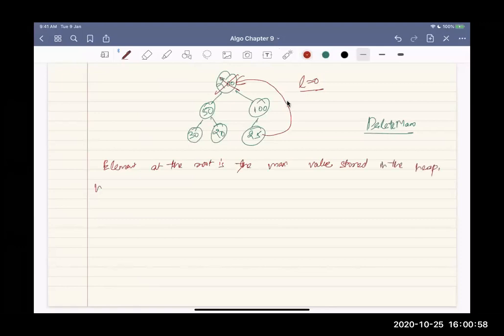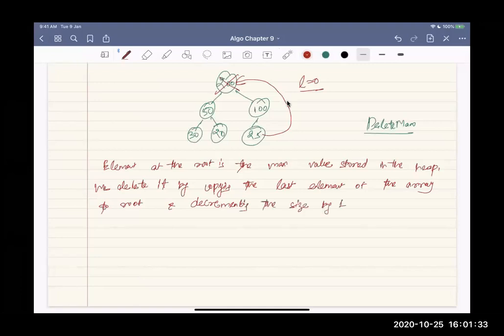So we delete it by copying the last element of the array into the root, and then decrementing the size by 1.